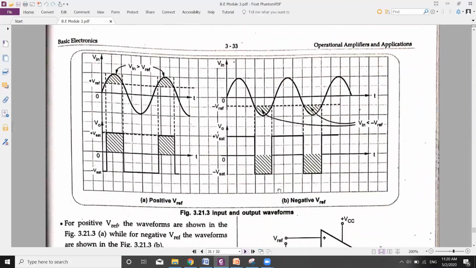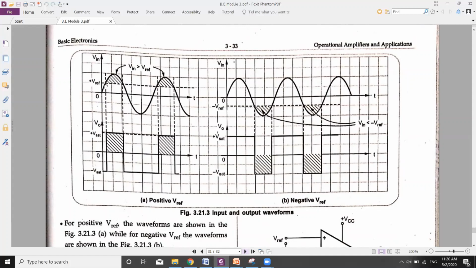Just see in this figure, we have the input voltage and this is the output voltage. V reference in the earlier case was 0. Now we are taking a certain finite amount of reference voltage, that is the dotted line.